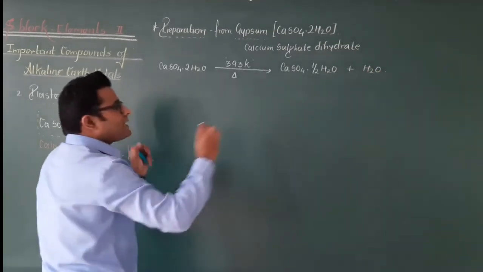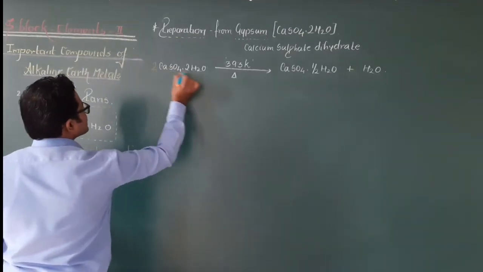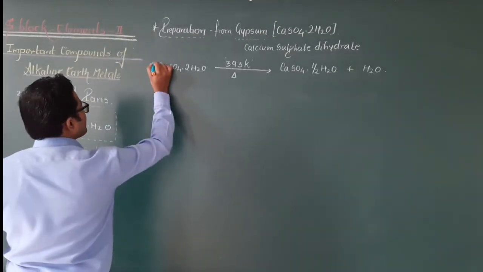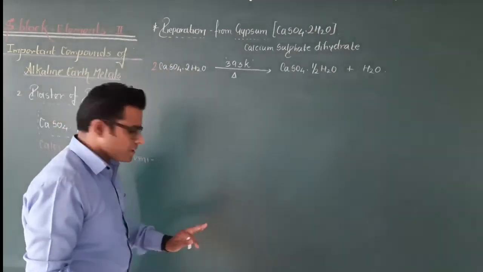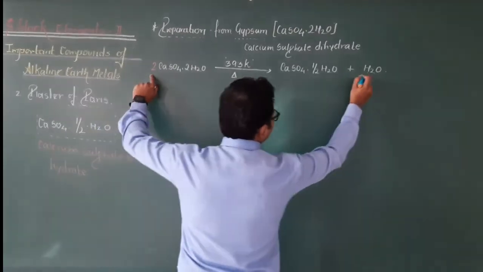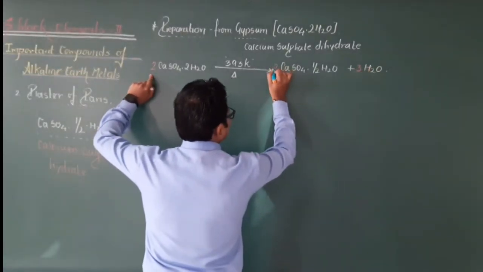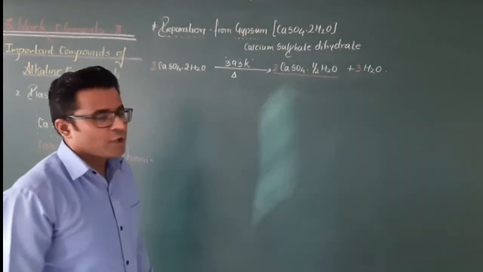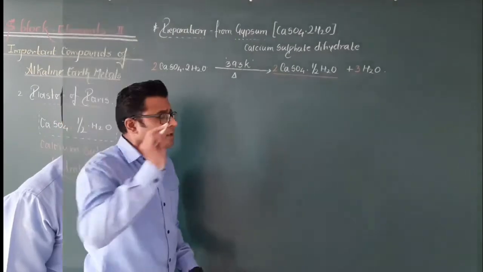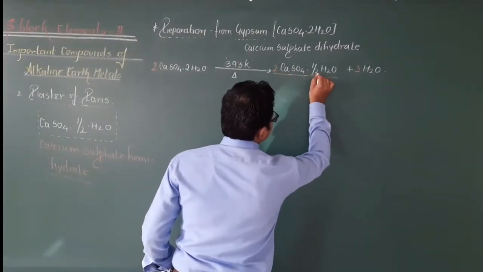In order to balance this equation, let's say that we have here 2. So 2 into 2, we have 4 water molecules. Now these 4 water molecules will lose 3 water molecules here, and what we get is 2 calcium sulfate dot half H2O.